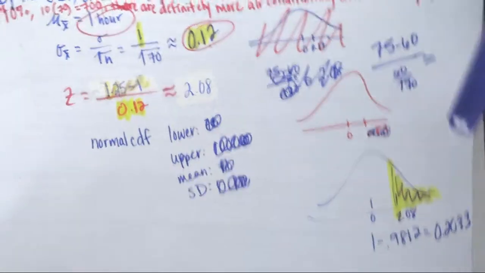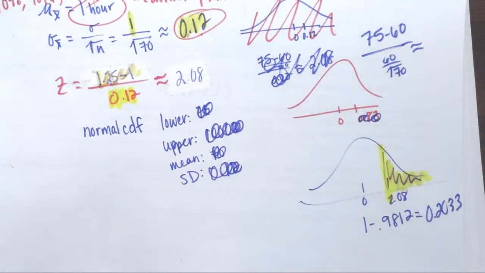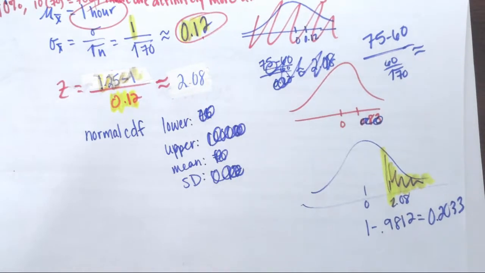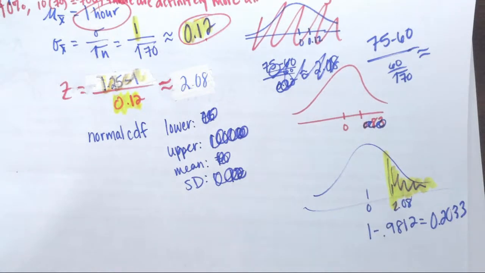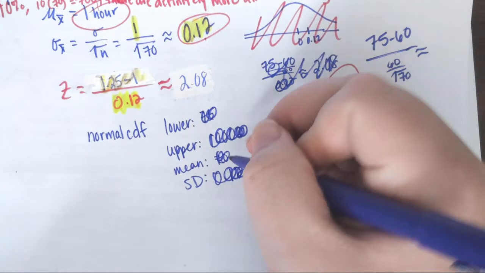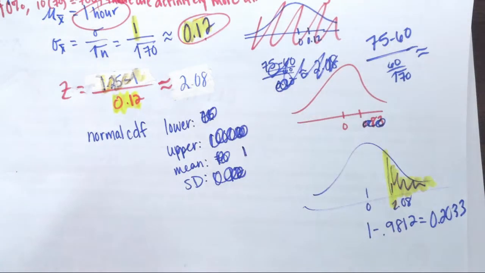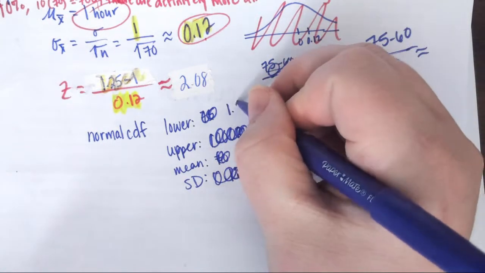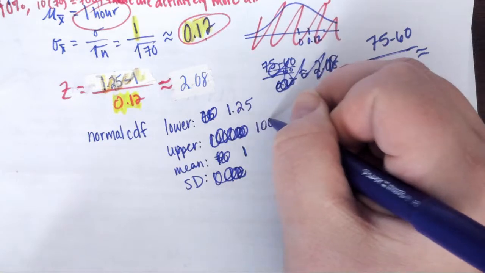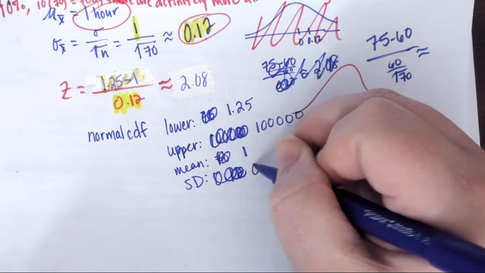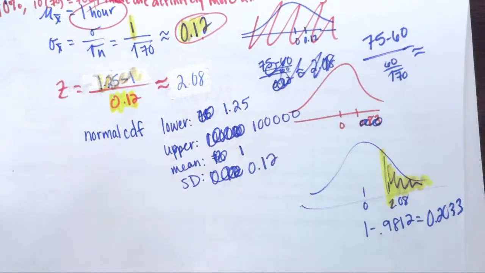Now, if Hunter is insistent on his normal CDF self because he hates the Z-scores, which is fine, we've got to make sure we're consistent. So hopefully for his mean, he did the 1 hour. For the lower, he did 1.25. For the upper, he did a bunch of zeros. And for the standard deviation, he did 0.12.